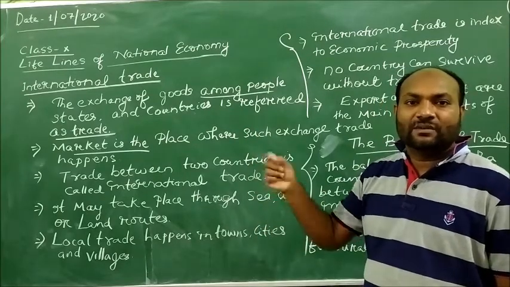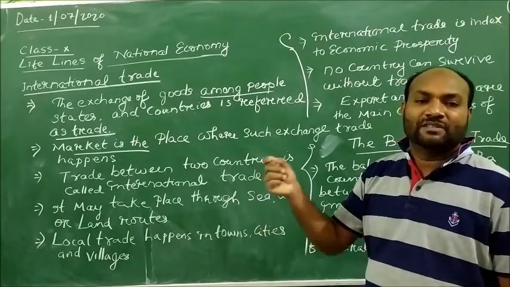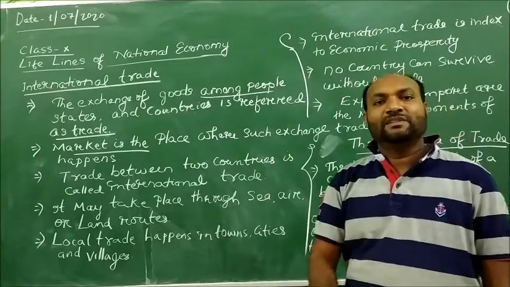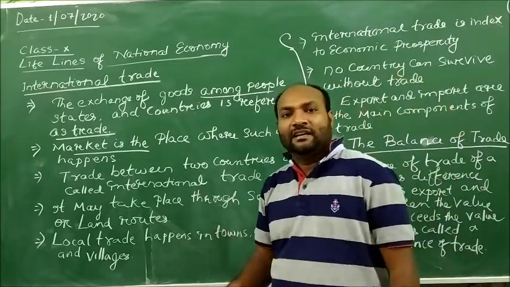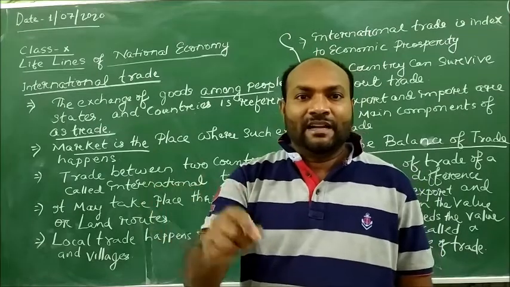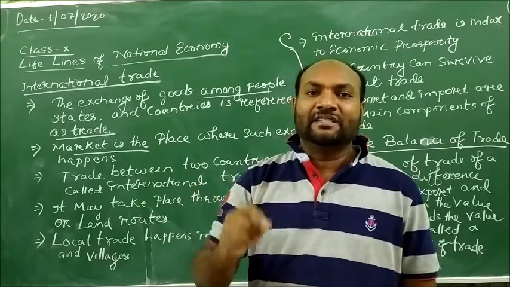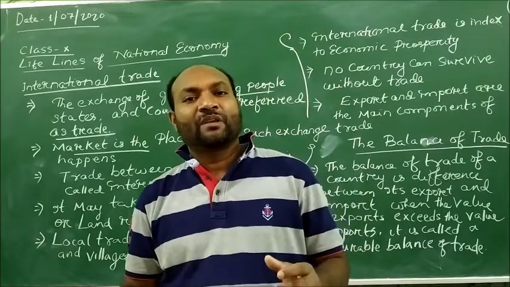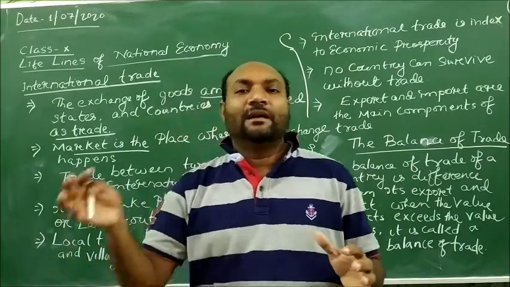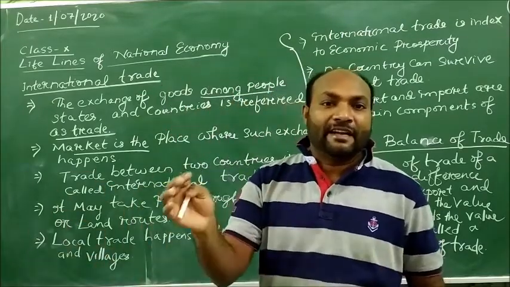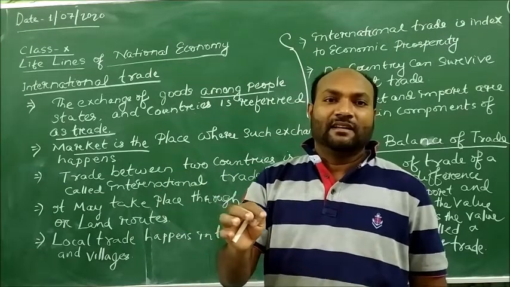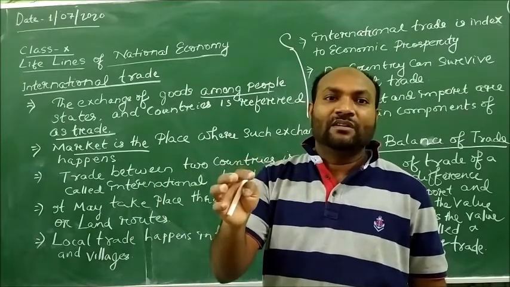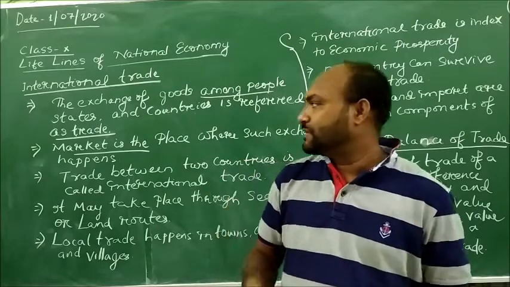When we are sharing the goods between people, between cities, between towns, between states, between countries, it is referred to as trade activities, because we are exchanging the goods here. We are exchanging the commodities with different kinds of people, and that is what is called trade activities.